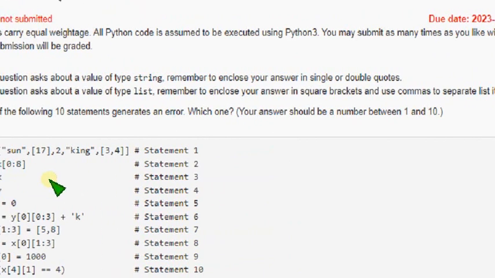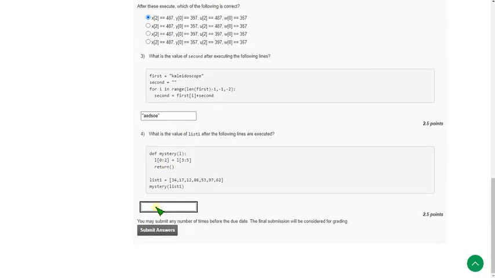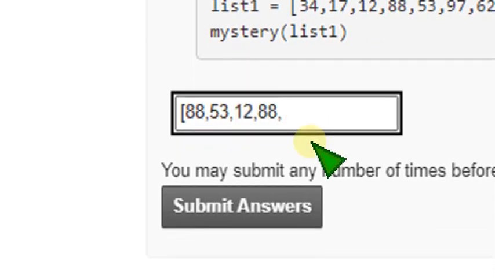So on that note, we can write the answer as square bracket 88 comma 53 comma 12 comma again 88 comma 53 comma 97 comma 62 and bracket close.